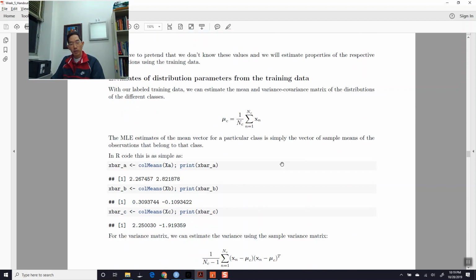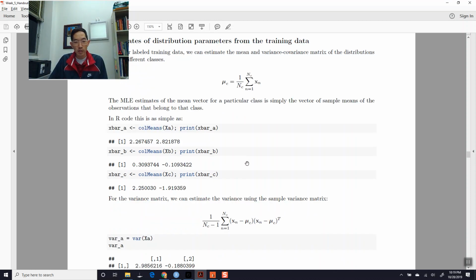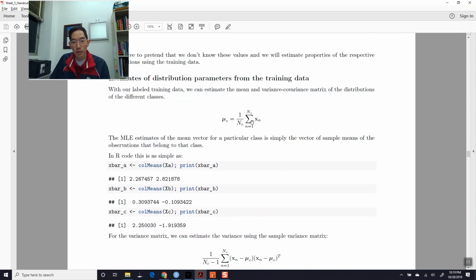Basically, we're going to start by estimating the means. The normal distributions are defined by the means and the variance matrices. As far as the means go, we're just going to take the mean of the x values.